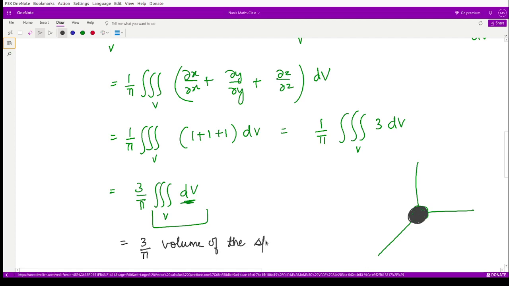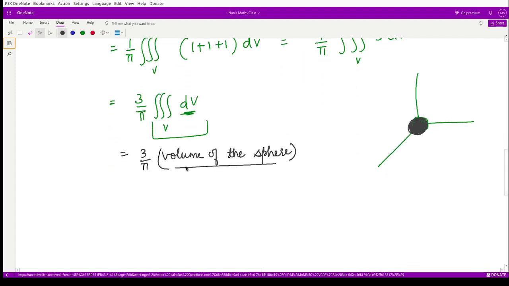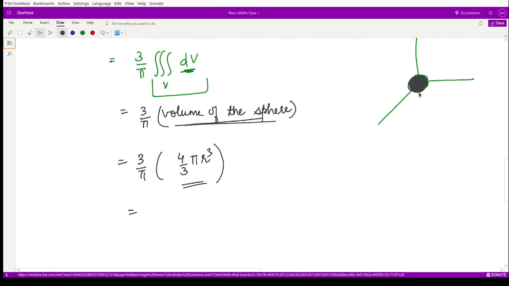Now it is up to you whether you want to calculate the volume of the sphere using this triple integral, or because we already know the volume of any sphere, it is equal to 4 by 3 pi r cube, right? So this is the formula that you already know from lower classes. And here the radius of this particular sphere is given to be 2 in the question, right?